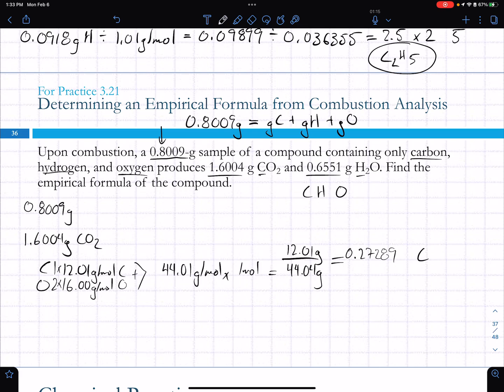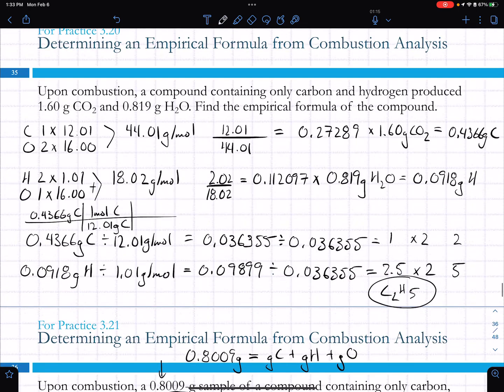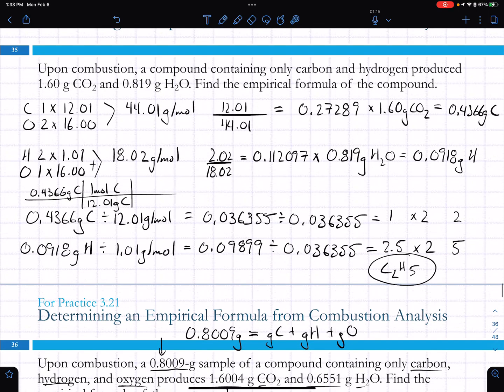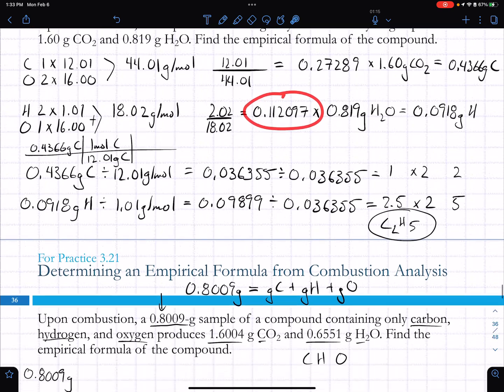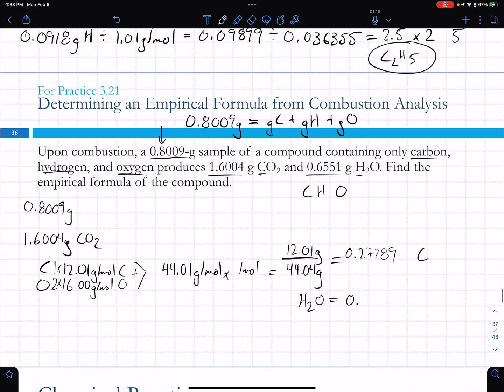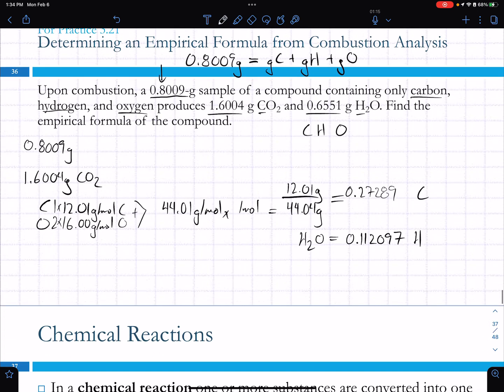And then we know the proportion for water is going to be this one, 0.112097. And this is kind of the law of definite proportions. Every water sample will have this percent mass, or this proportion mass, of hydrogen.